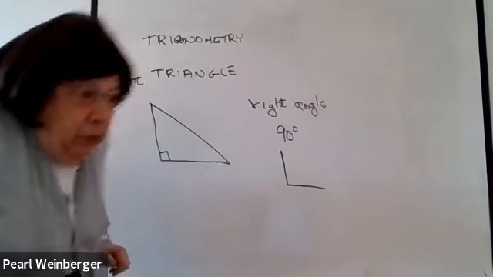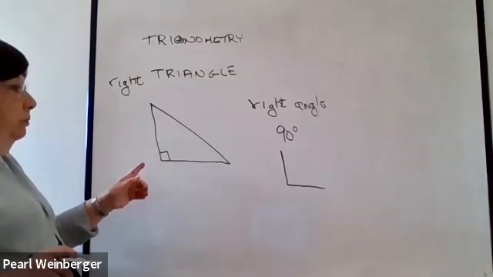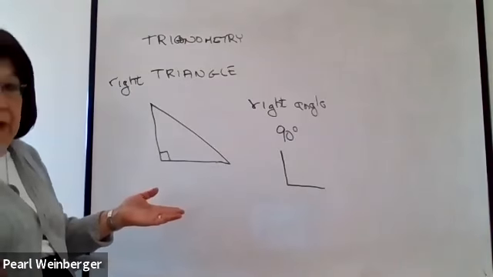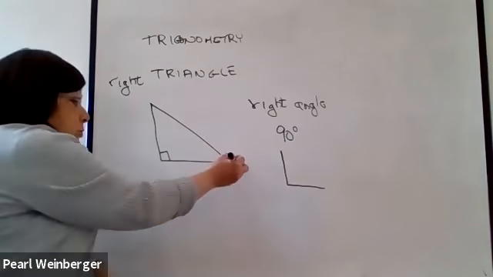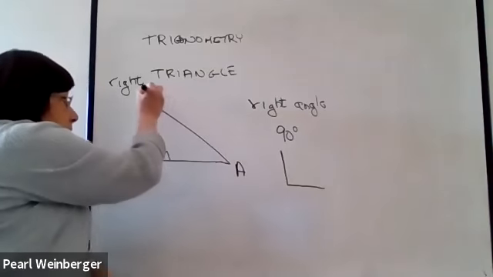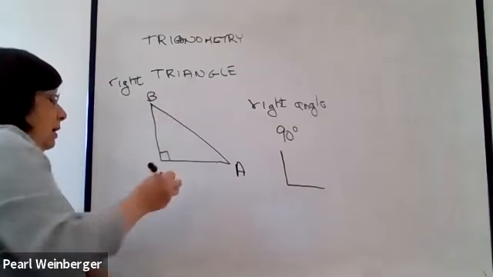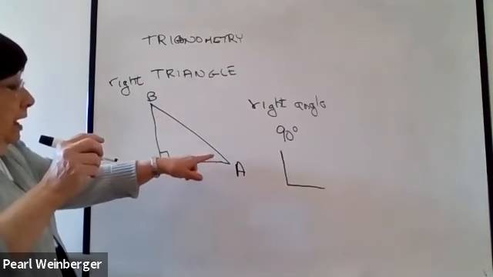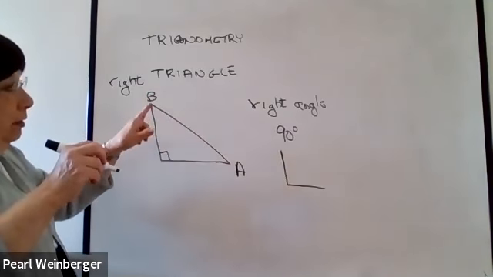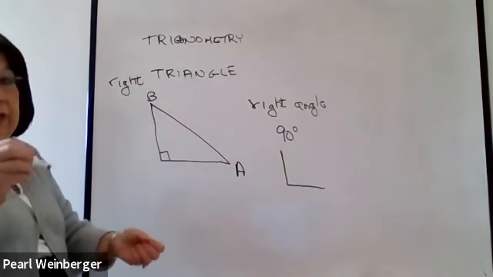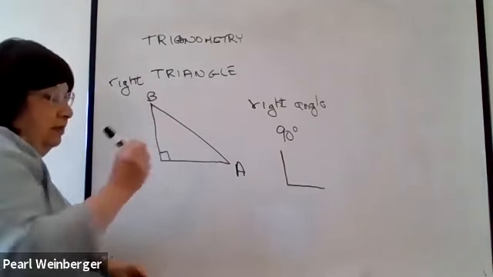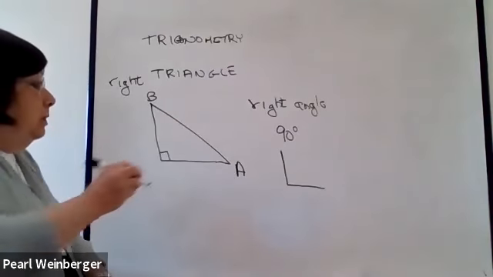Now, when we label our right triangle with the letters A, B, and C, we usually put the A and the B at what we call the acute angles. An acute angle is an angle that's less than 90 degrees.